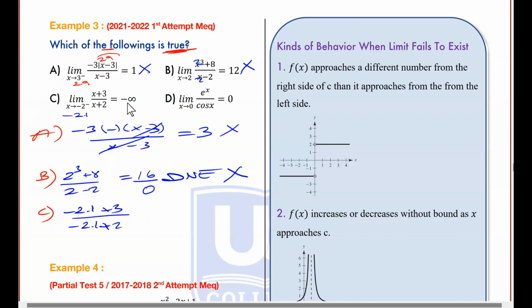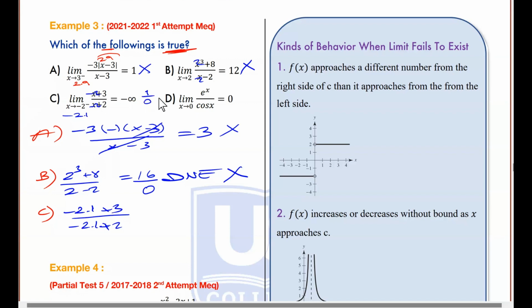We know that it is infinity. When you insert negative 2, it's going to be 1 divided by 0. It's undefined. So we will have an infinity limit case.